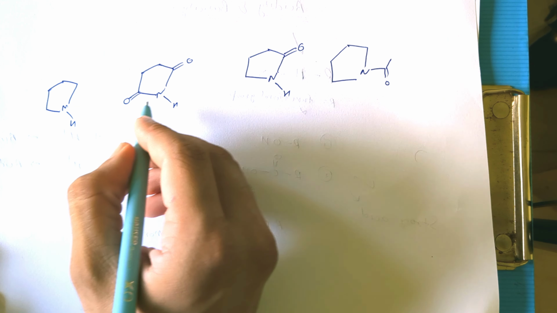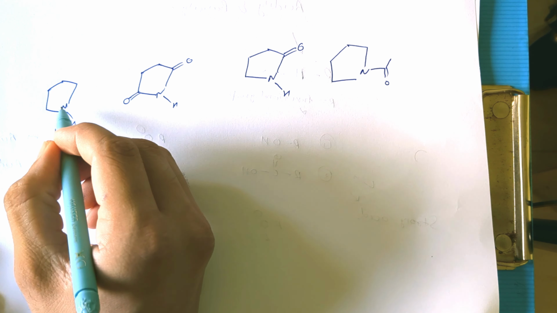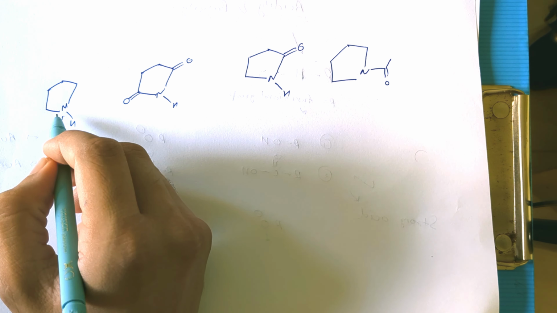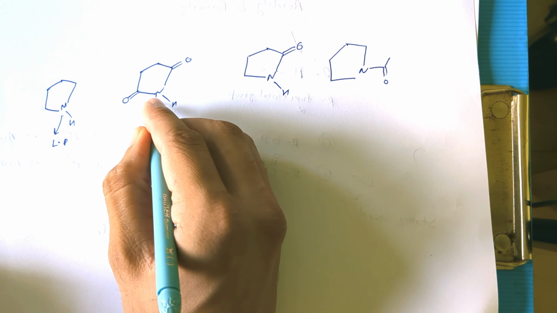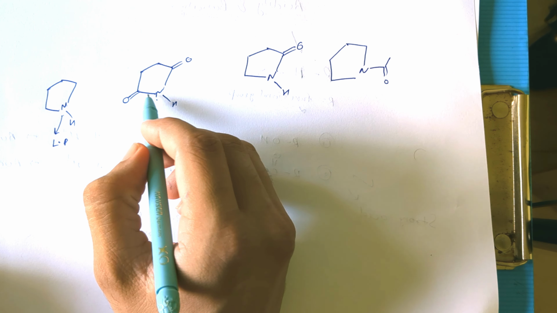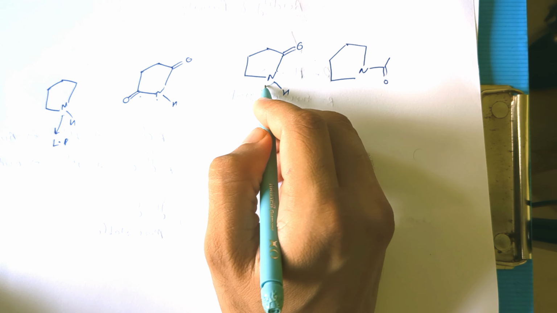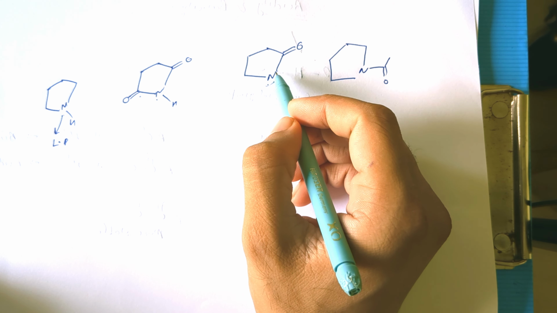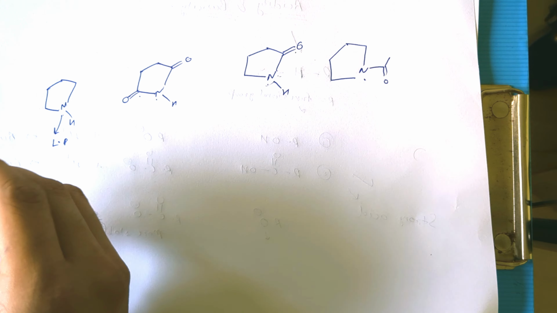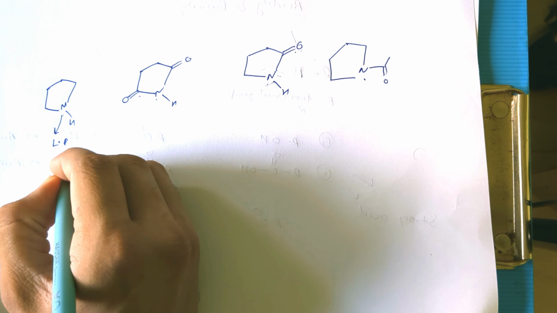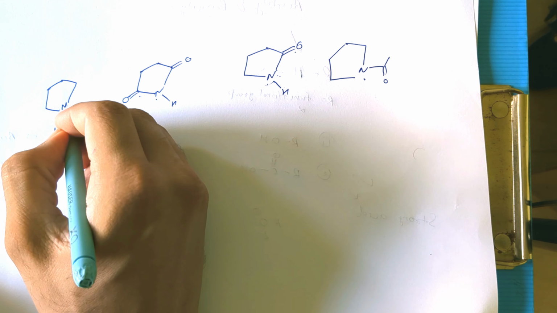Now here this nitrogen has a lone pair, plus there is no conjugation or any sp2 hybridized nitrogen. And here the nitrogen has a lone pair, but it is in conjugation with a double bond or carbonyl group. Here also a lone pair, but it is in conjugation with a carbonyl group. Same here. So we can see option A has the free lone pair, that's why it can donate easily.